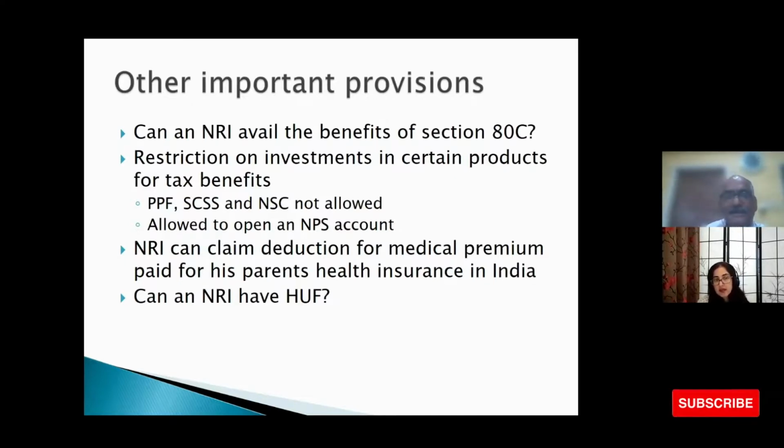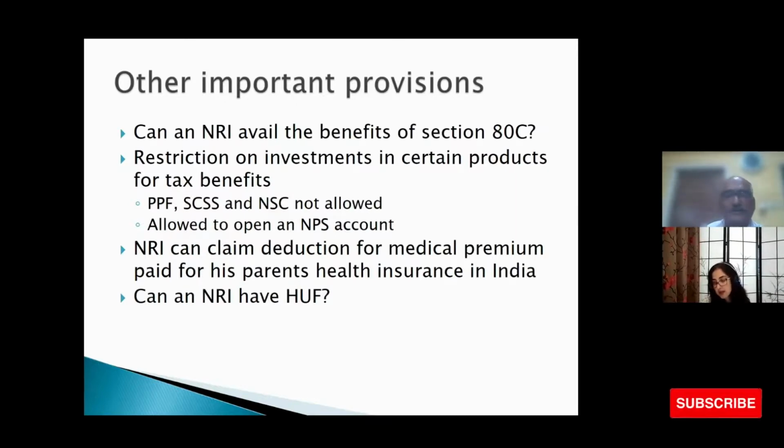If the parents are over 60, the deduction is available up to 50,000 rupees. In case the parents do not have any health insurance, you can avail a deduction up to 50,000 rupees for day-to-day medical expenses incurred for your parents.